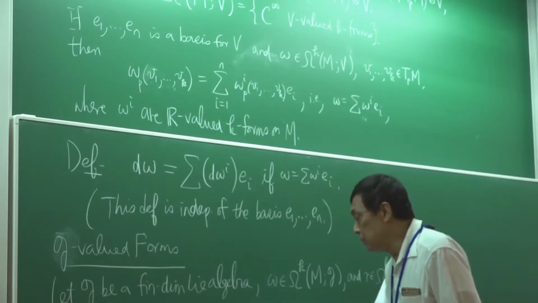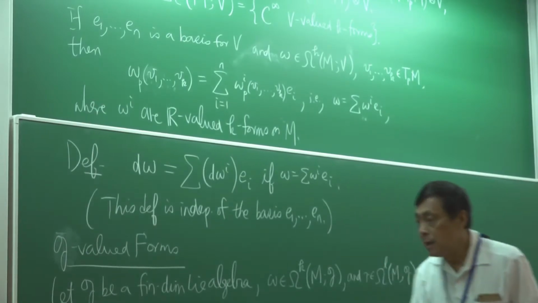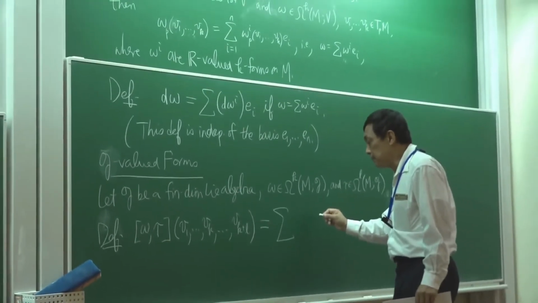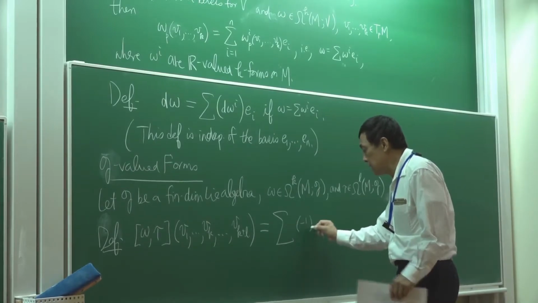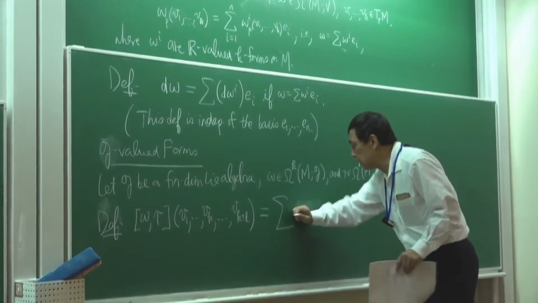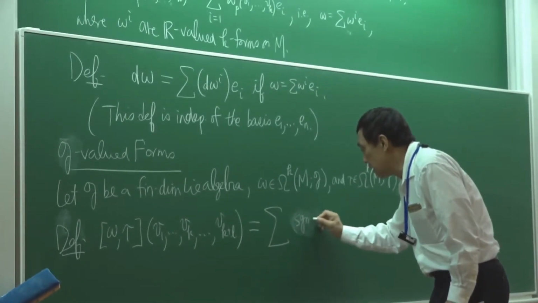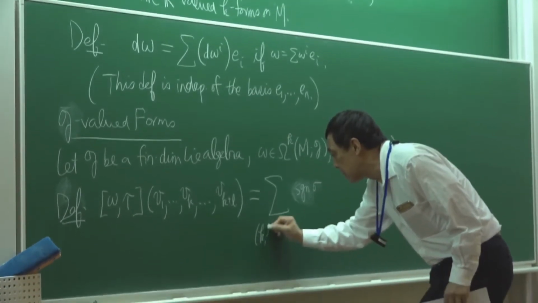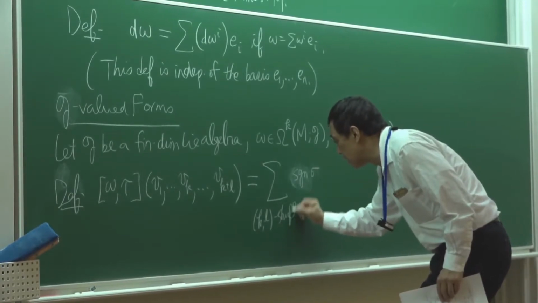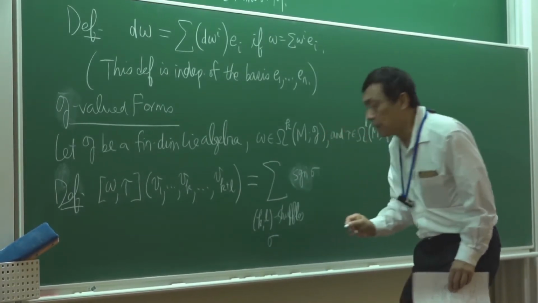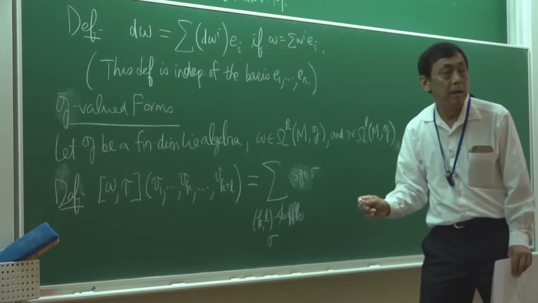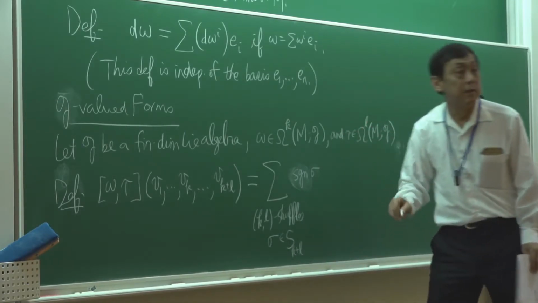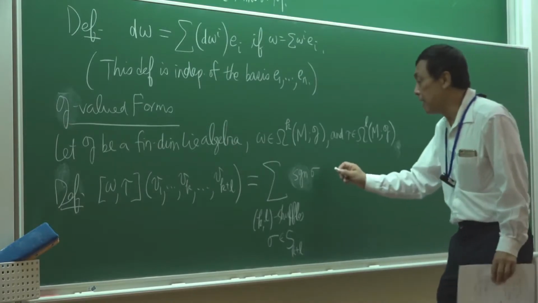We use the same definition as the wedge product: the sum of (-1) to the sign of sigma over all k,l shuffles sigma, where sigma is a permutation of 1 to k plus l.